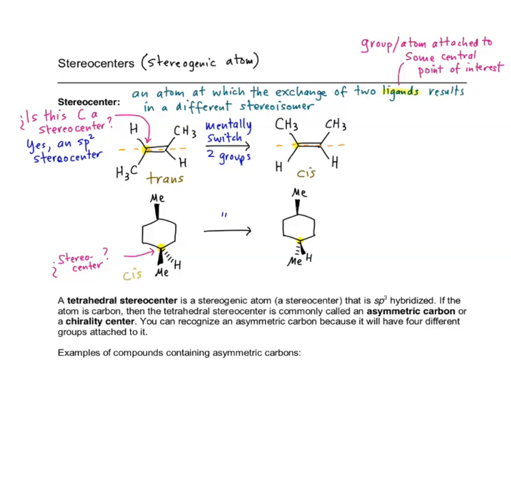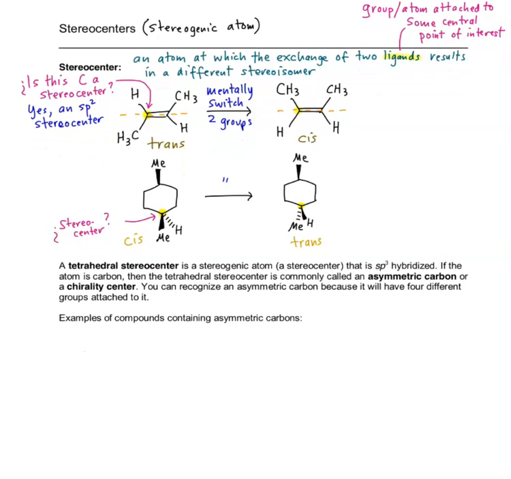That is cis. In the second structure, one of the methyl groups is up, the other one is down, so they're on opposite sides of the ring. So that's trans, which means yes, by switching the positions of 2 groups, we've generated a new stereoisomer. So we could say here, yes, this is an sp3 stereocenter, which we can also call a tetrahedral stereocenter.